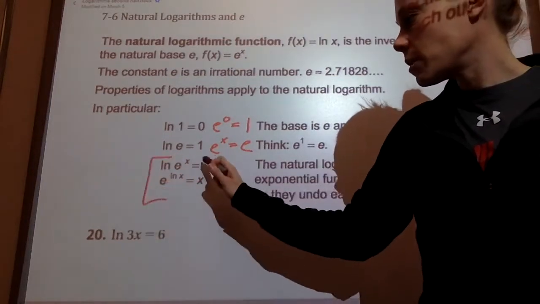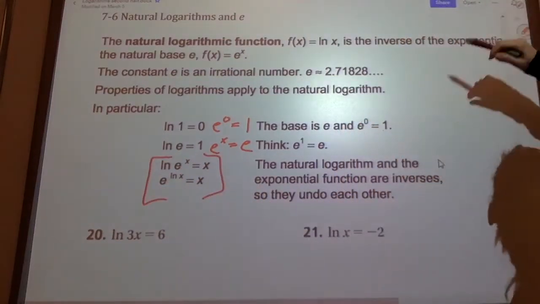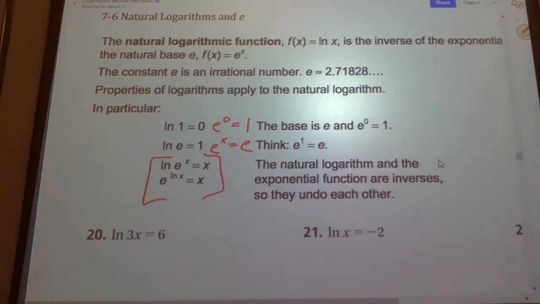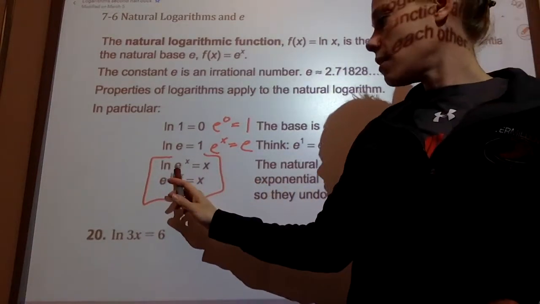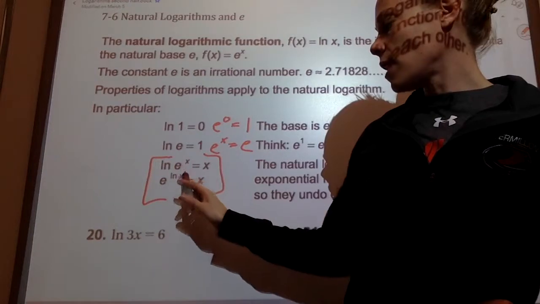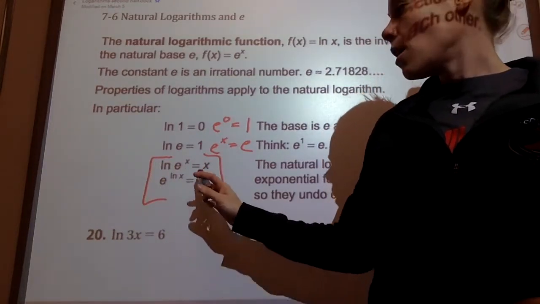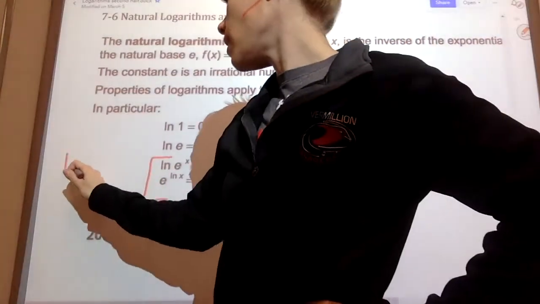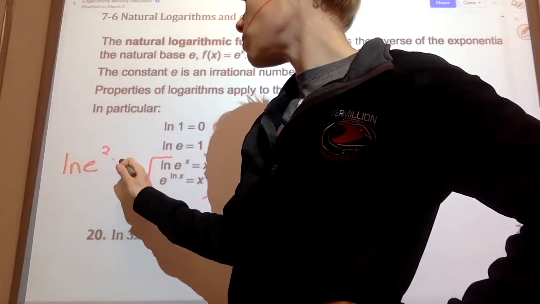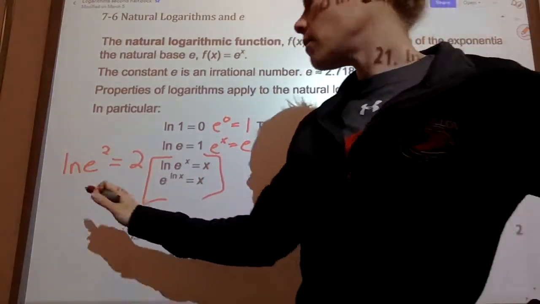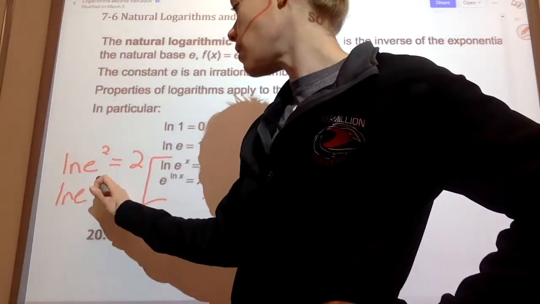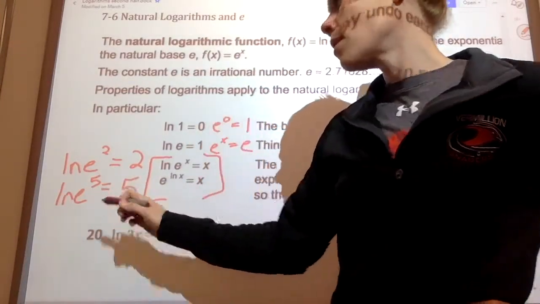These are two big properties that are on a poster up here. And the reason that happens, the reason ln e and e to the ln cancel out, is because they're inverses of each other. So what does that mean? That means if I had ln of e to the 2, my answer is going to be 2. If I had ln of e to the 5, my answer is going to be 5.